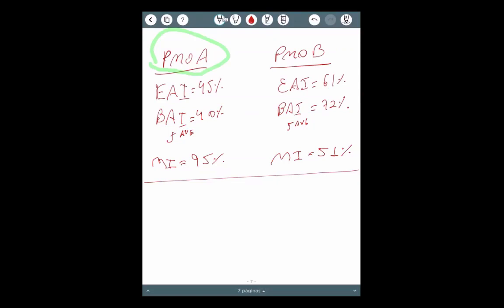PMO A is doing something really good, 95%. But when we look at these numbers, we understand that what you are doing as a PMO is not addressing the benefits and the expectations of your stakeholders.